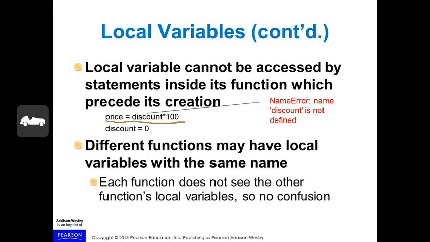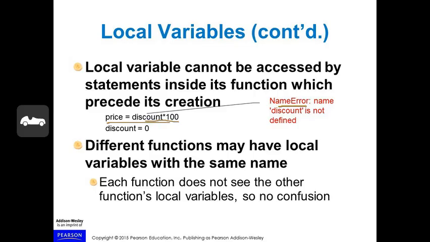When the discount variable is first being used, it cannot appear on the right side of the assignment operator because discount has not been initialized yet. That means discount is referencing nothing. It's not referencing any data. So it doesn't make sense to use discount times 100. If you have a piece of code like this, there will be a name error.